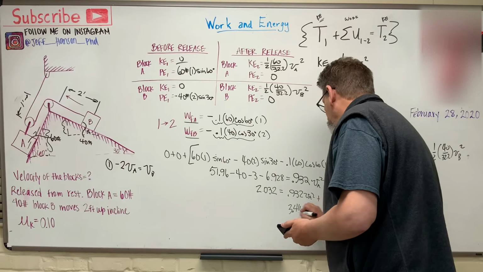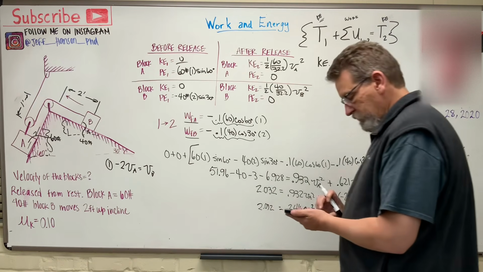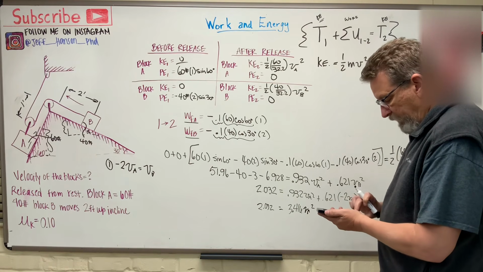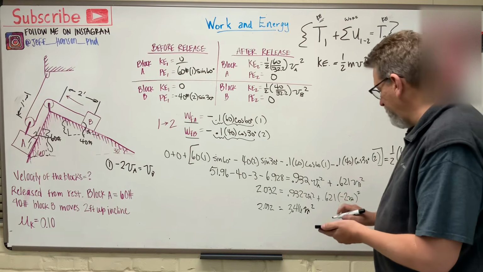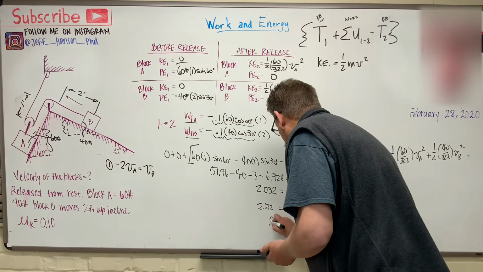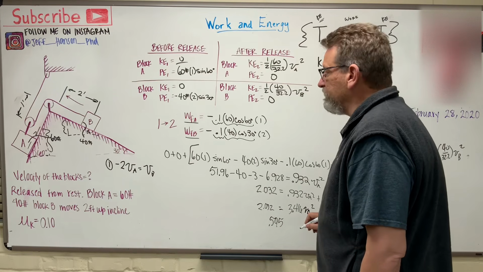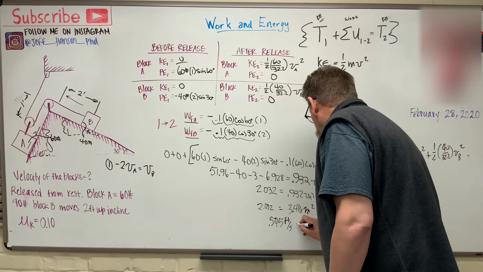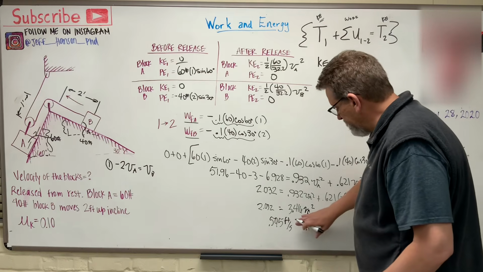VA squared equals 2.032 divided by 3.416, which is 0.595. And this is feet squared per second squared.